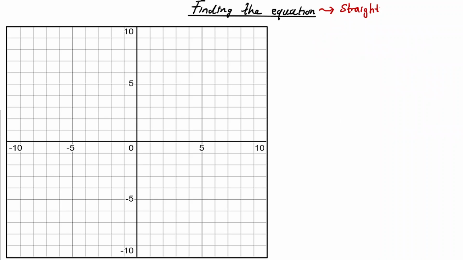So let's say maybe you have a straight line like this. Perhaps it starts here, and then it stretches all the way up to this point. I'm trying to create a random line here.